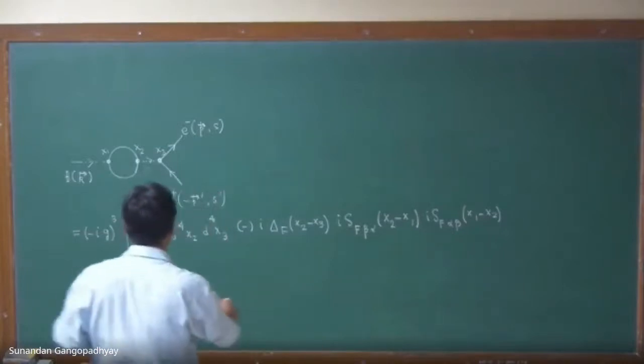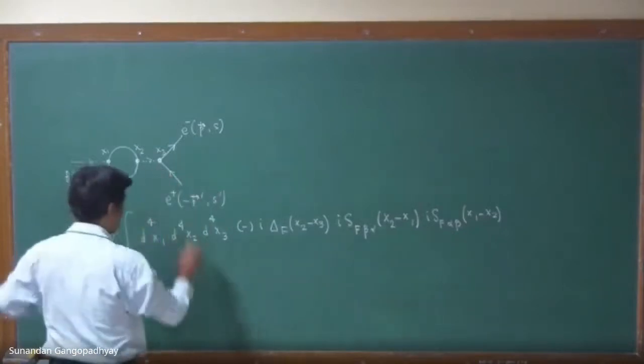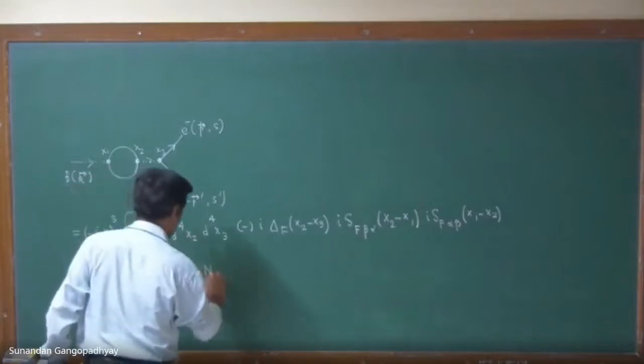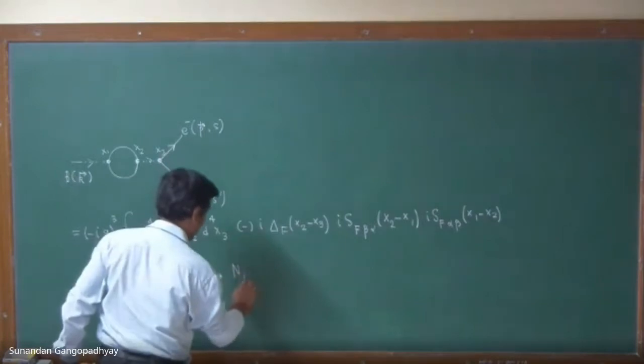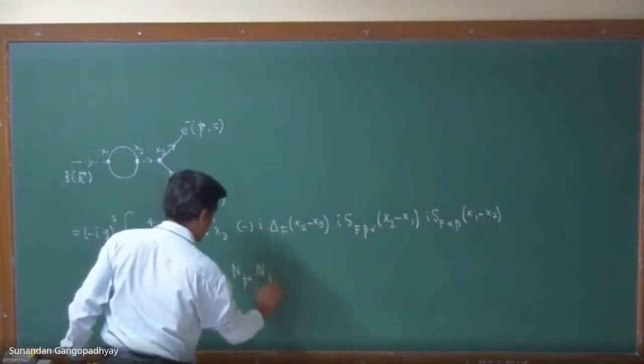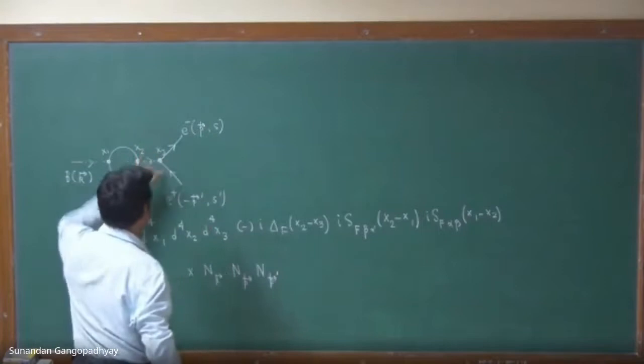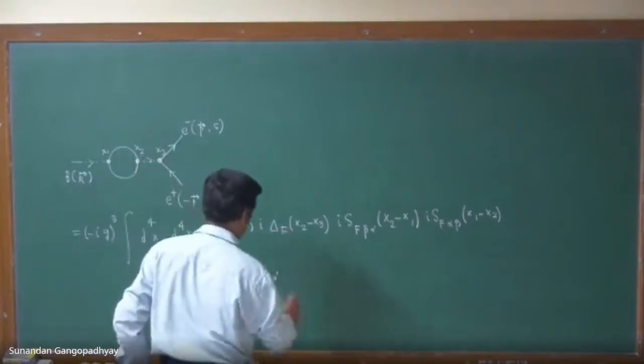That is what you have. And then you have to worry about the external lines. So this line gives you a factor of N_k. These external lines give you a factor of N_p and N_p prime. And then you know there will be spinors here.